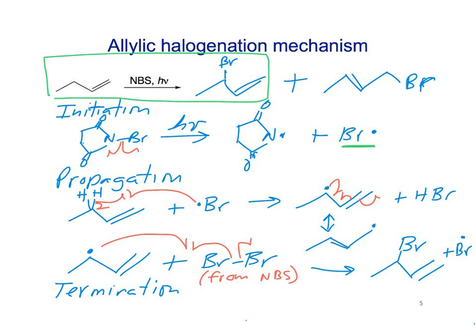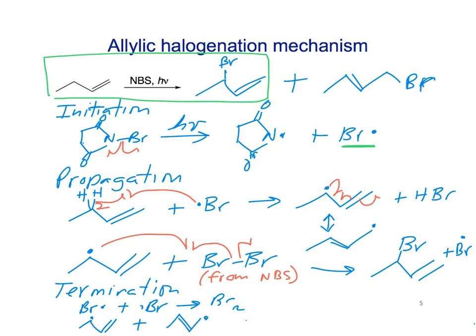So for our example, we could have another bromine and a bromine go to Br2. We could have two allylic structures. Let's do it in a really fun way.